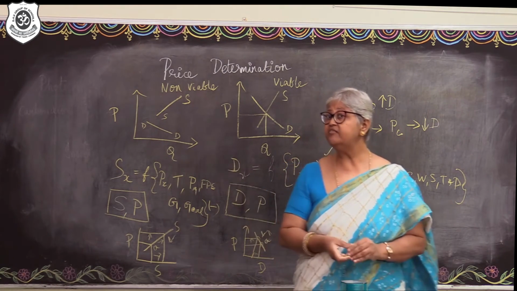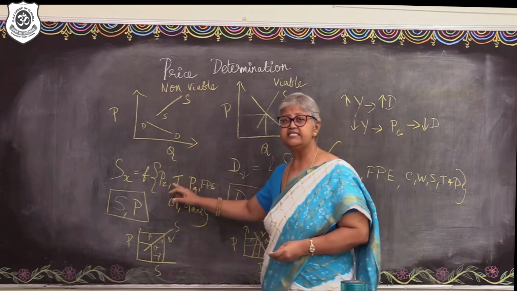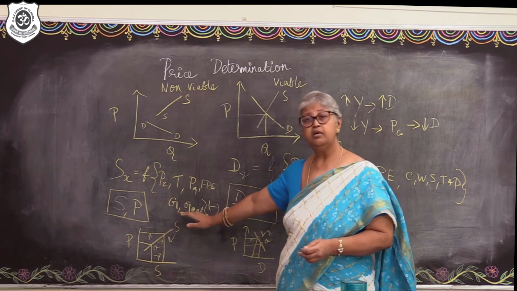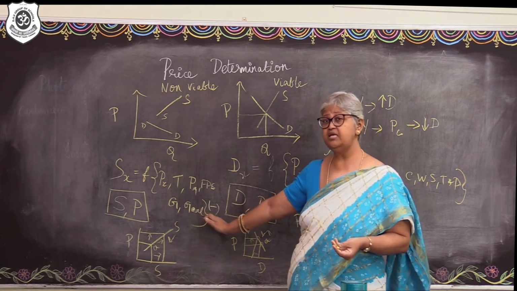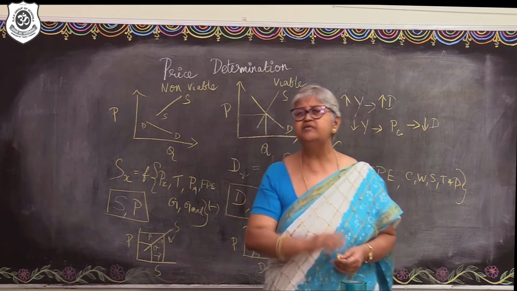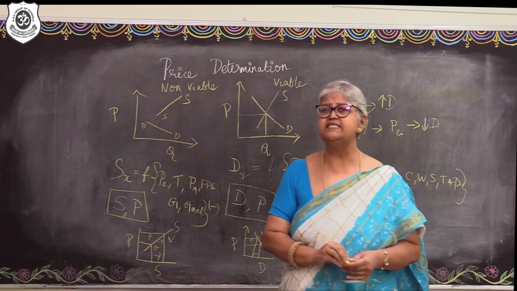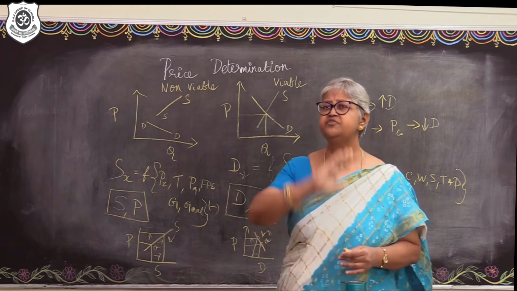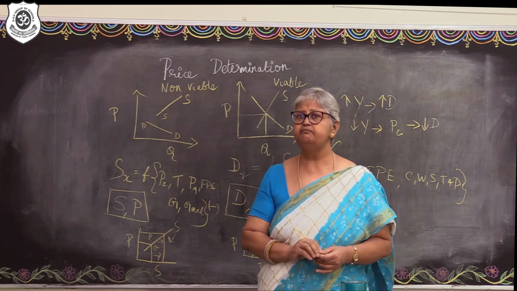Right? So what about the other factors then? We have so many other factors: technology, price of related products, future price expectation, taxation, subsidy, and so on. If any other factor other than the price is going to affect the supply, then that would shift the supply curve. Right?